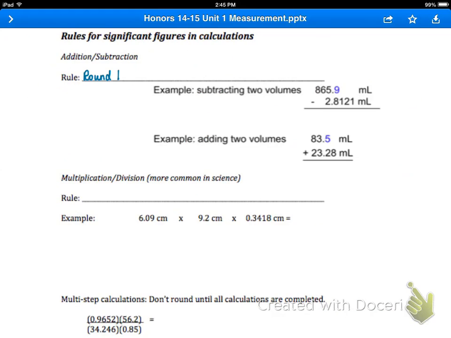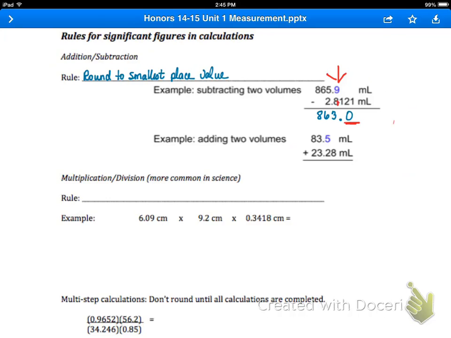All right, so if we're adding and subtracting, we want to round to the smallest place value, okay? So in this case, what that means is I have 1 decimal place here, I have 4 decimal places here, so I want to go with the one that's the least, so I'm going to go with 1 decimal place.